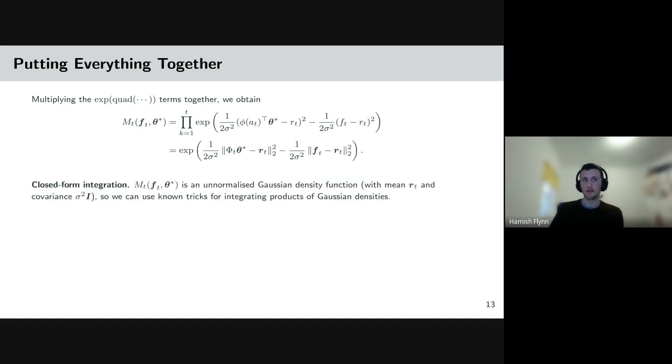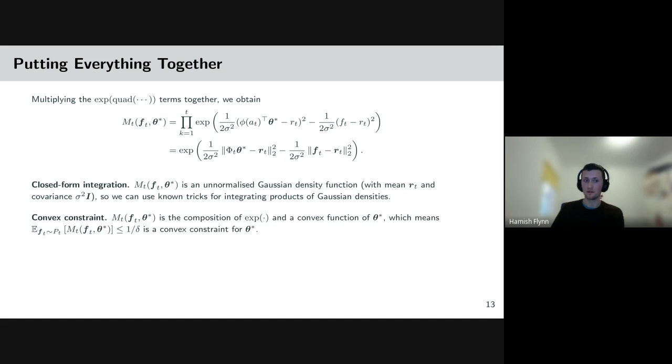So does this collection of processes M_t do what we want it to do? Well, first of all, since M_t, if you squint at it, is just an unnormalized Gaussian density function for f_t, we can use known tricks for integrating products of Gaussians to find a closed form expression for the mixture. And since M_t of theta star is the composition of the exponential function and a convex function of theta star, it has to be a convex function of theta star.